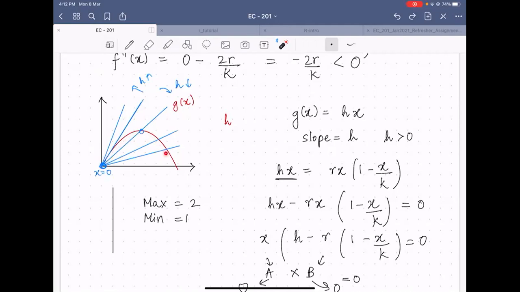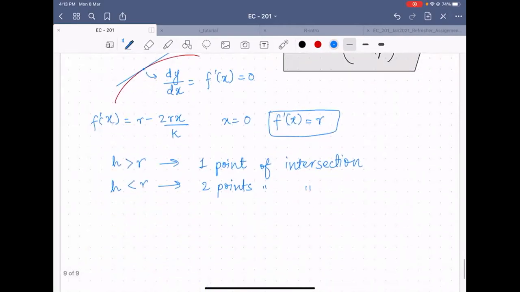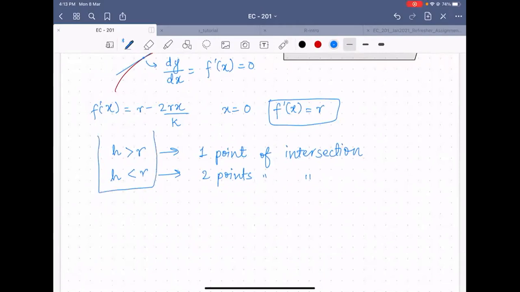You have 2 points of intersection, and the points of intersection could be many, because this line could go like this and intersect every point. I mean, if h is not constant, for one value of h you have only 2 points of intersection. That would depend on the relation between h and r.